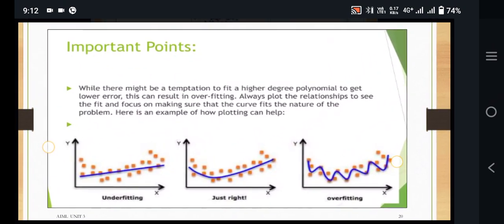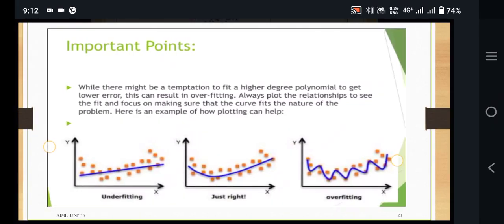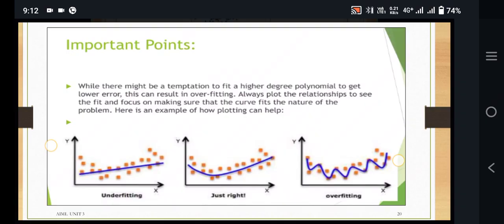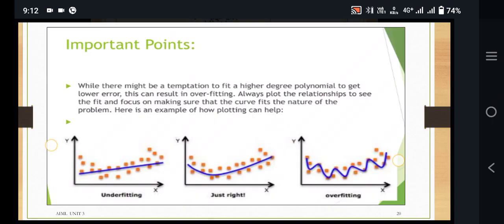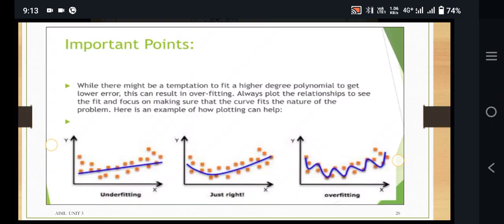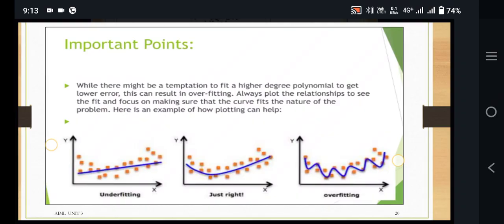This diagram represents the underfitting, just right, and overfitting. Higher degree of polynomial to get lower error can result in overfitting. Always plot the relationship to see the fit and focus on making sure that the curve fits the nature of the problem.